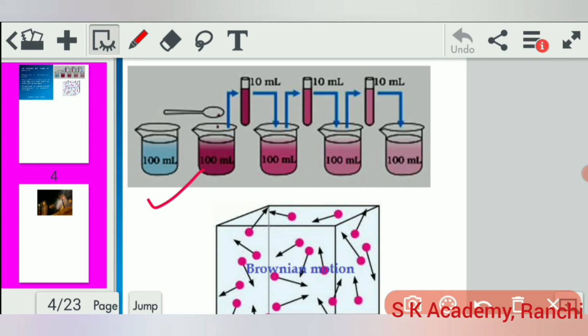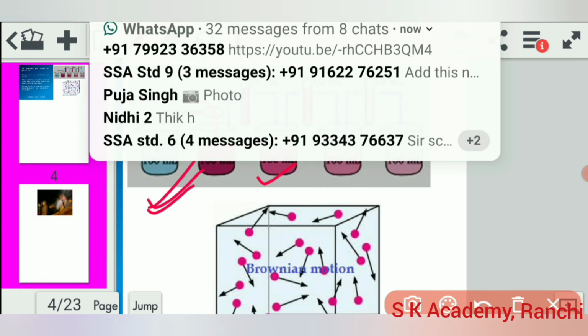Take 100 ml water in a glass, and put some potassium permanganate in that. After putting potassium permanganate, the color of water gets changed, and you will see that in the starting the color is very deep.